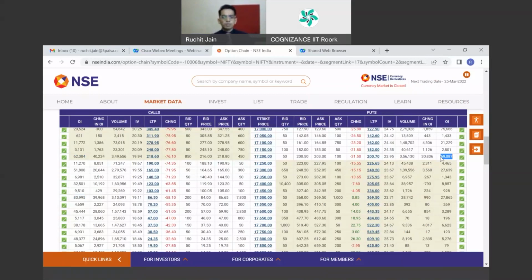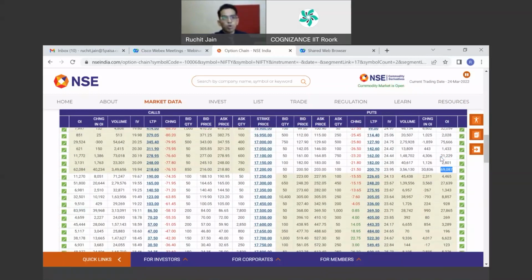In options, first we are talking about call options. In call options, the strike price which has the highest open interest, the maximum open interest, is known as the resistance for the market. It means maximum traders are expecting that the market will not go above that level before expiry. I hope you understood. So let's see where the maximum open interest is.